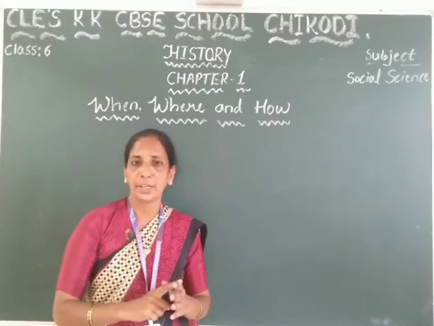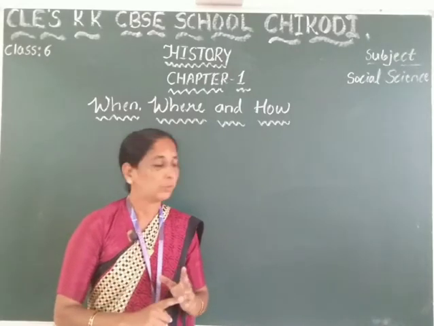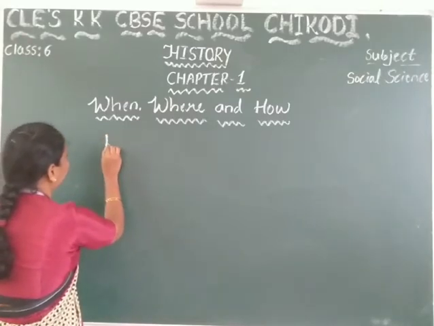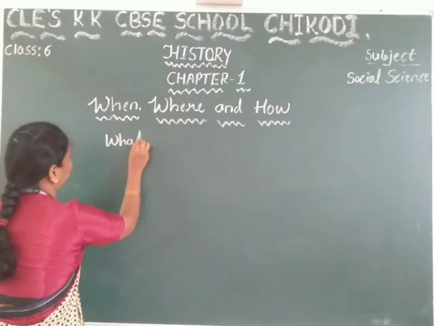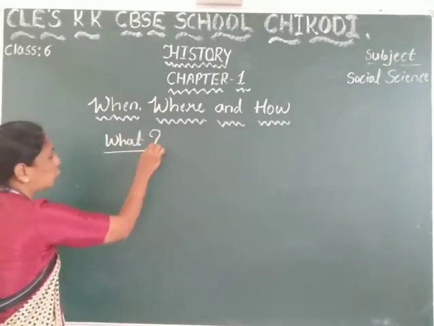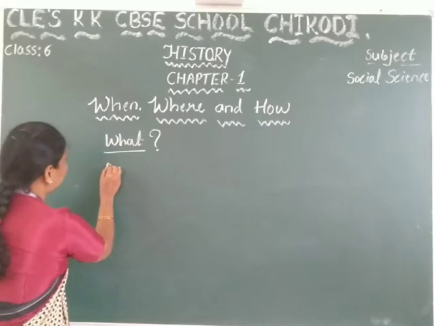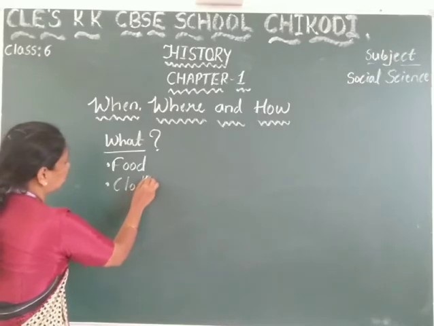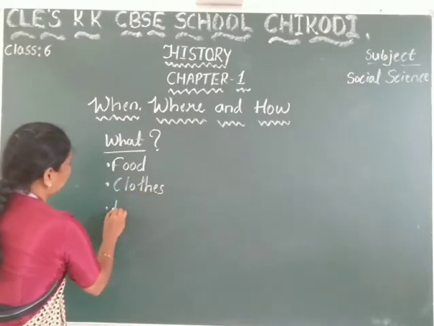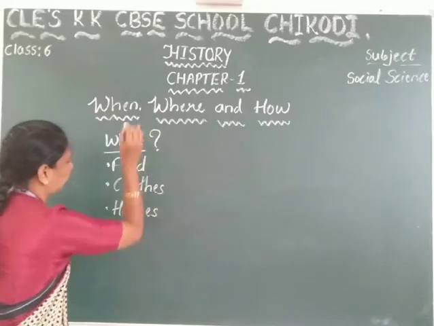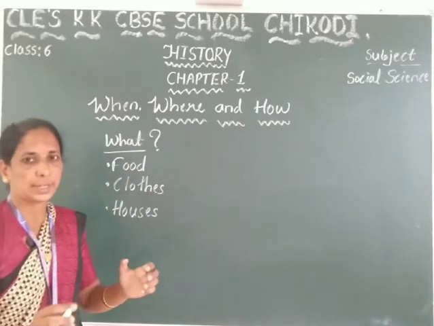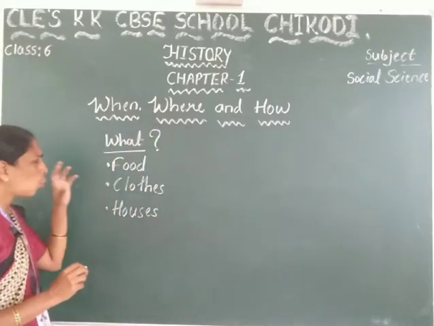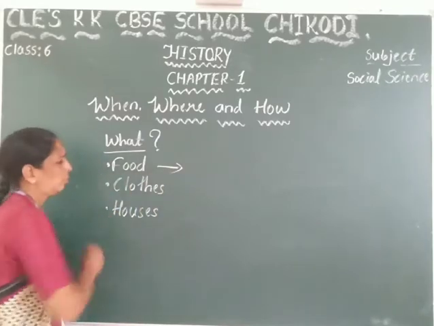What, where, how and when. See here, the first question is: what? In this first question come food, clothes and houses. So what kind of food did they eat?